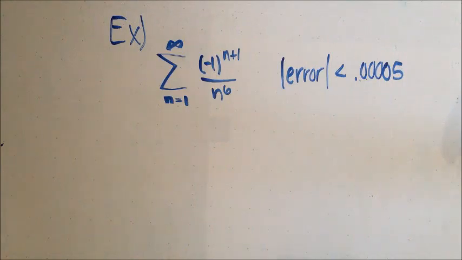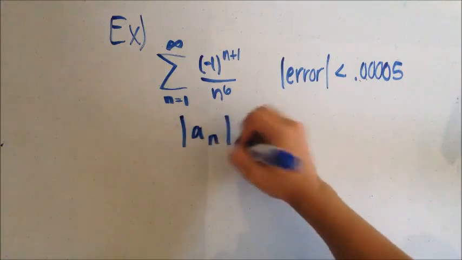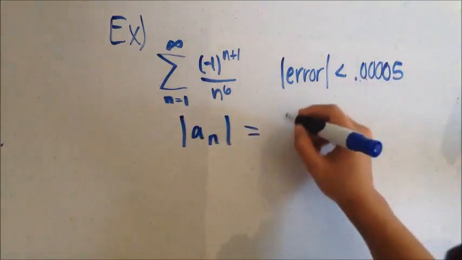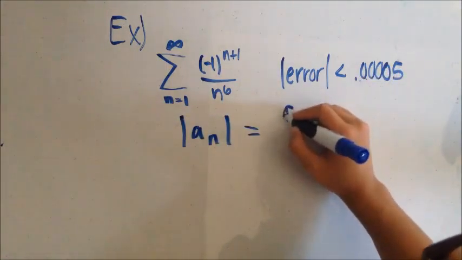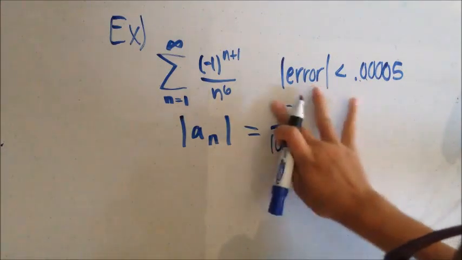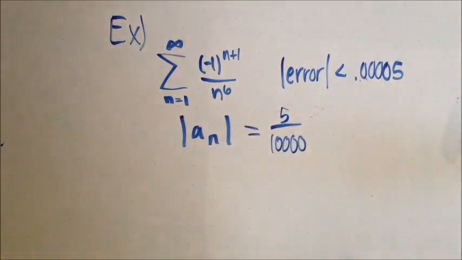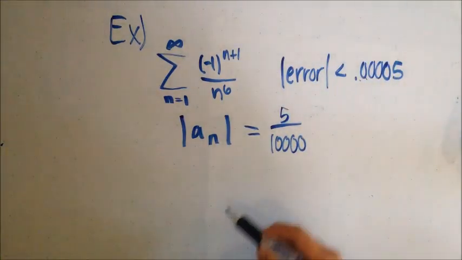How many terms of the series do we need to add in order to find the sum to the indicated accuracy? So first thing you want to do is take that absolute value of a sub n and set it equal to the error, which in this case would be 5 over 10,000.